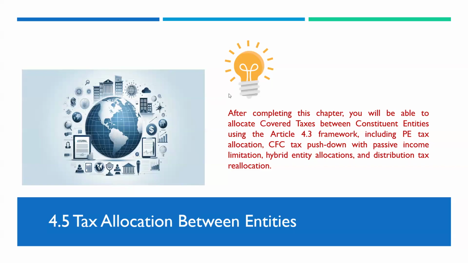Now, if the income is somewhere else and taxes are somewhere else, what would happen? It would create an inflated or deflated ETR, which is not right. So wherever the GloBE income is available, that is where the taxes should be going. Is the rationale of allocation clear? We will learn this in detail today.